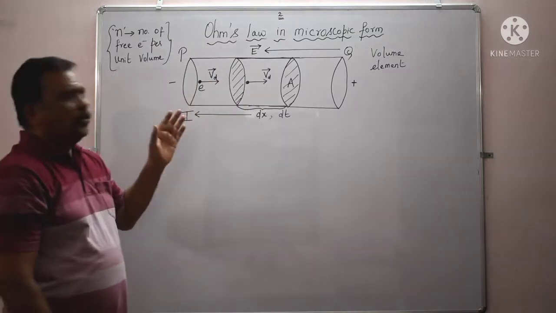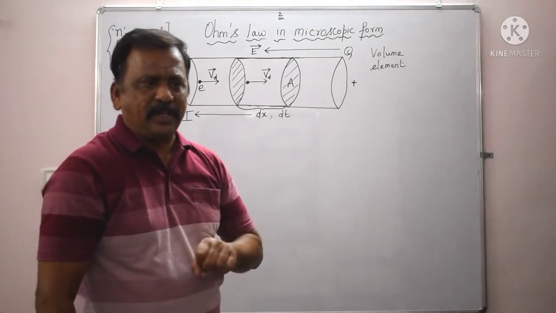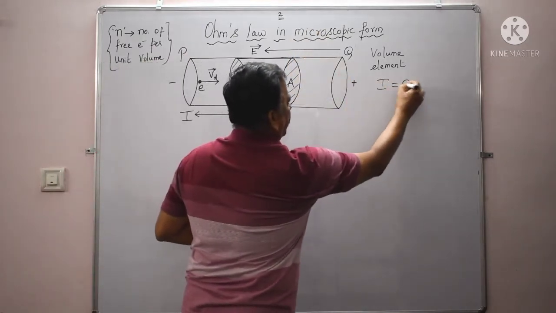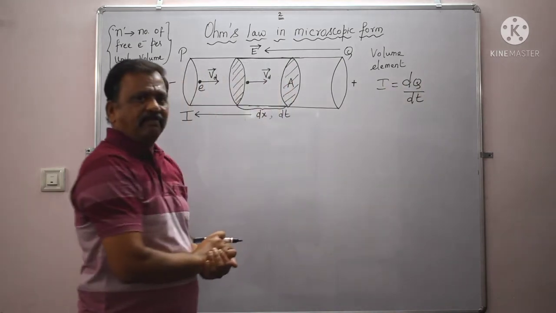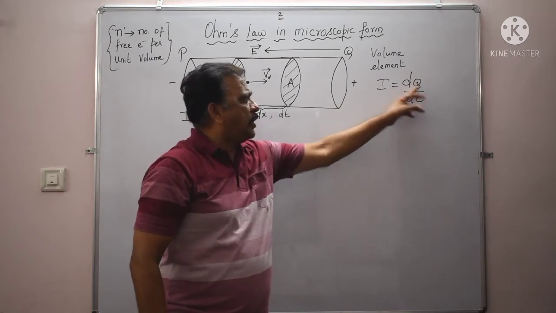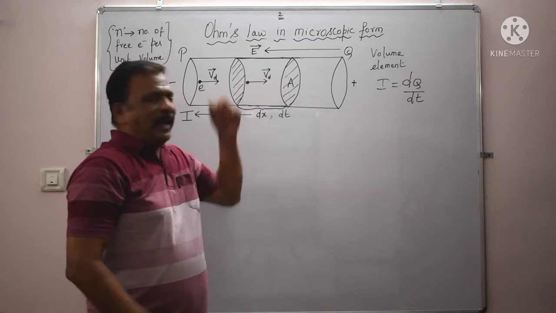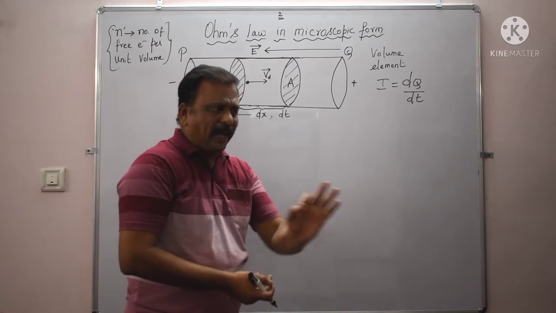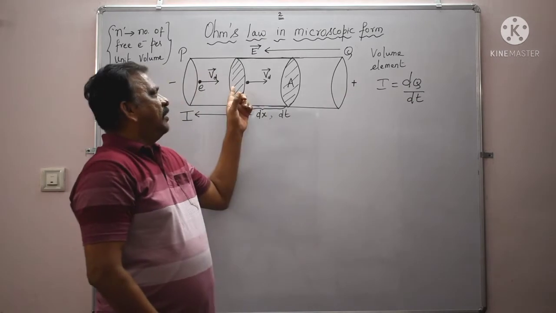Okay, so how do we derive a formula for current in terms of drift velocity? You know, current I is given by the rate of flow of charge, so dq divided by dt. What I am going to do is find the quantity of charge dq flowing through the volume element in a time interval of dt second.